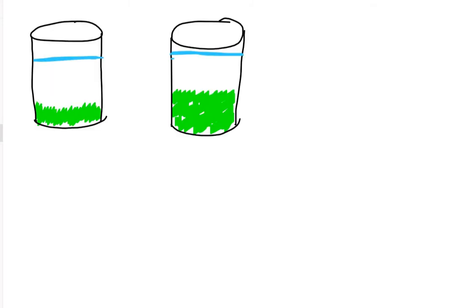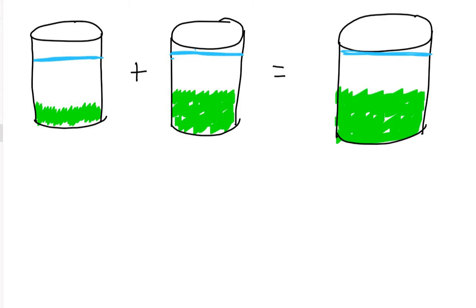Okay, so let's look at these 2 beakers. The blue lines represent the fill line, or how much solution there is. And let's say this green stuff is representing the hydrochloric acid. I'm going to combine what's in these 2 beakers, and I'm going to end up with something that looks like this.